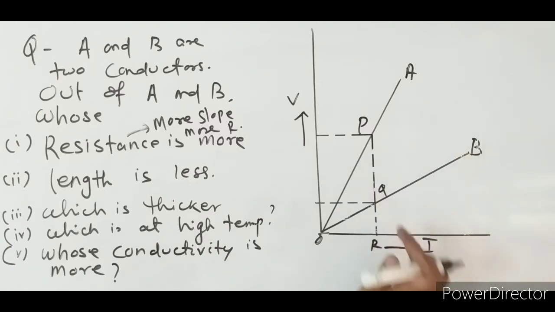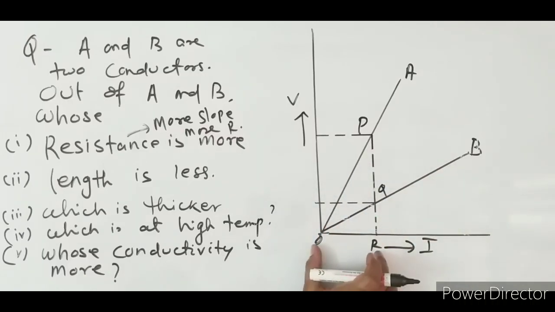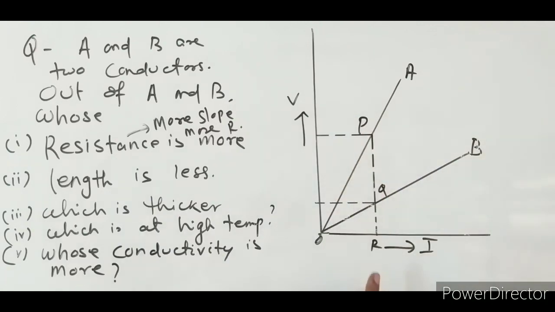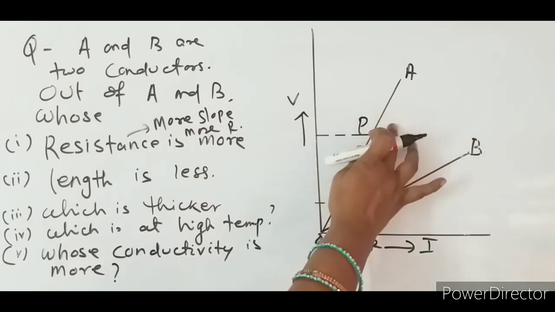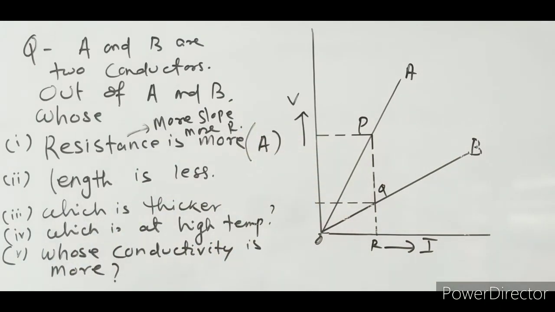For B, the slope will be QR by OR. For both A and B, OR will be constant. For whom the voltage will be more, resistance will be more for it. So for A, the slope will be more. That is why the answer will be A. I hope you understand this one.